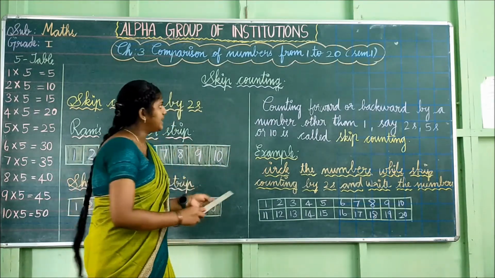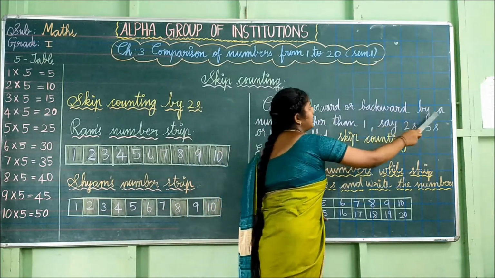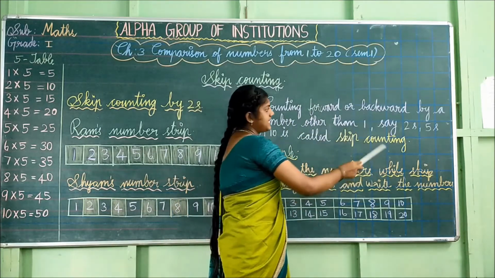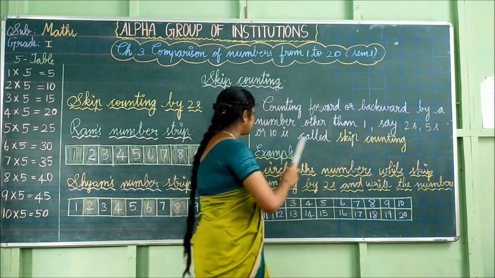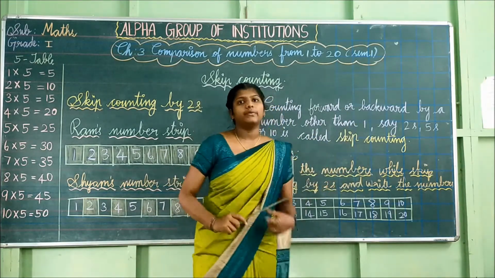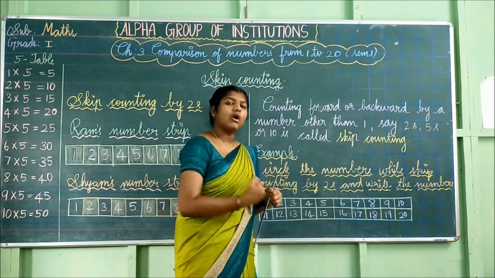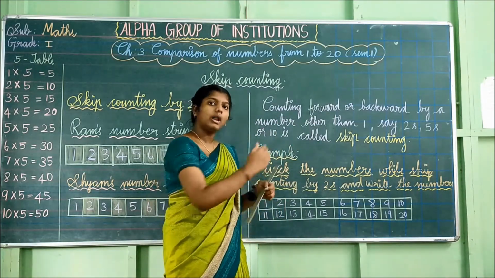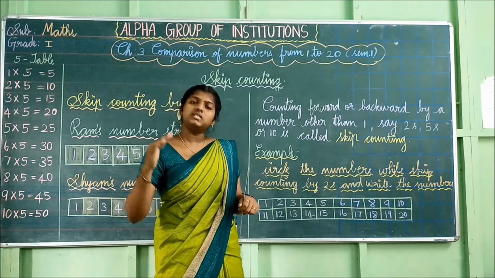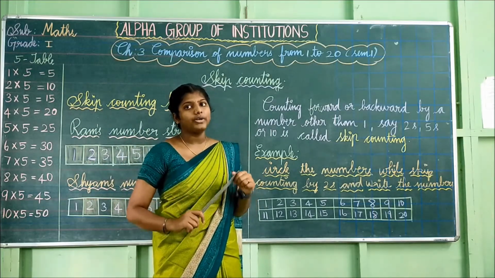So skip counting means counting forward or backward by a number other than 1, say 2s, 5s or 10s. When we are counting the numbers in forward order or backward order by leaving 2s, 3s, 4s, 5s, etc., that is called skip counting.